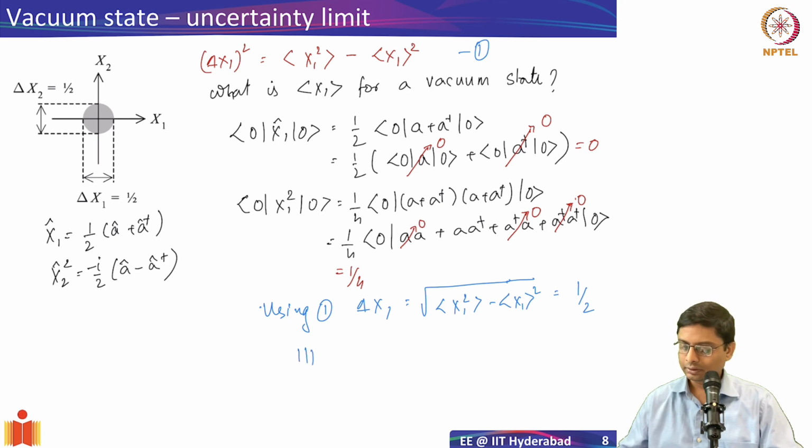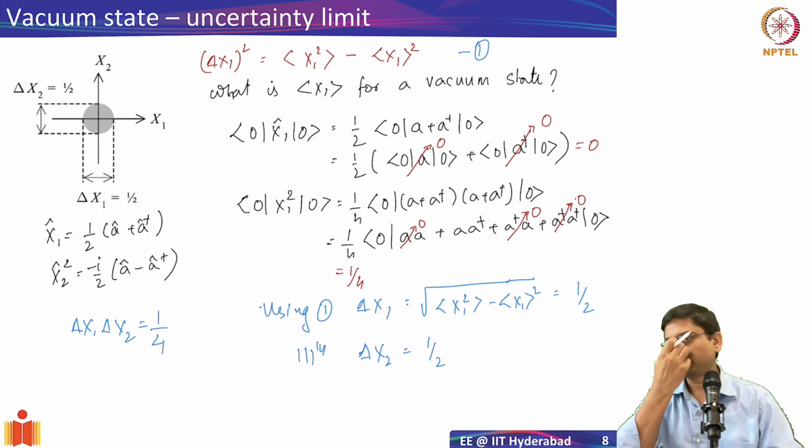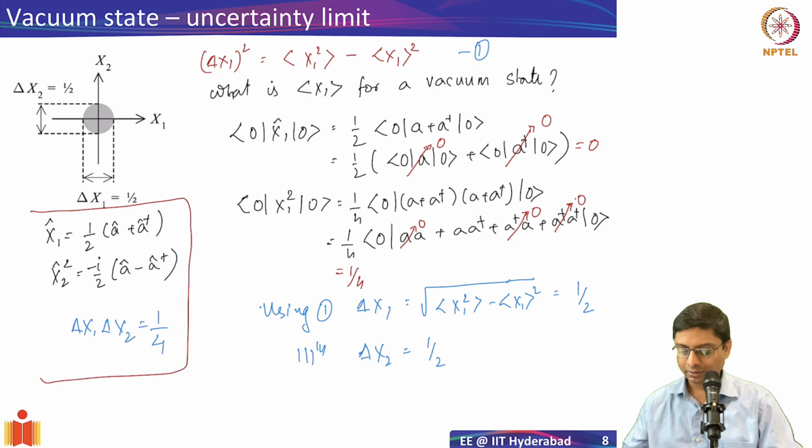Similarly, if you do the same analysis, you will find that delta x2 is going to be half. Okay. So we got the uncertainty in the vacuum state, and it turns out that delta x1 into delta x2 is equal to 1/4. This is a relation that we have derived, or rather we assumed in the beginning. But this need not be assumed, somebody has computed.